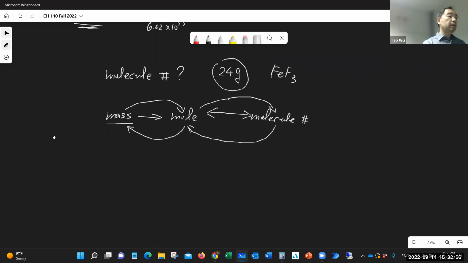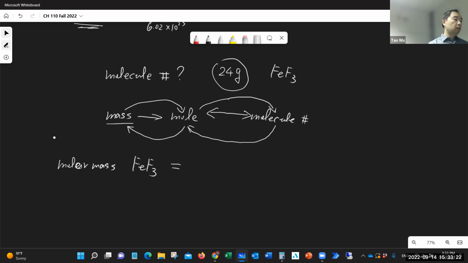Here it's talking about 24 gram of FeF3. Obviously we need to get the molar mass of FeF3. Without this, we're not able to solve the problem.